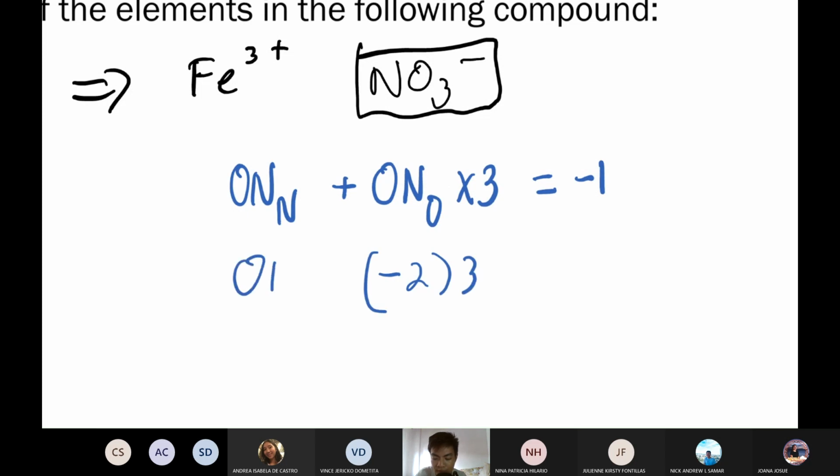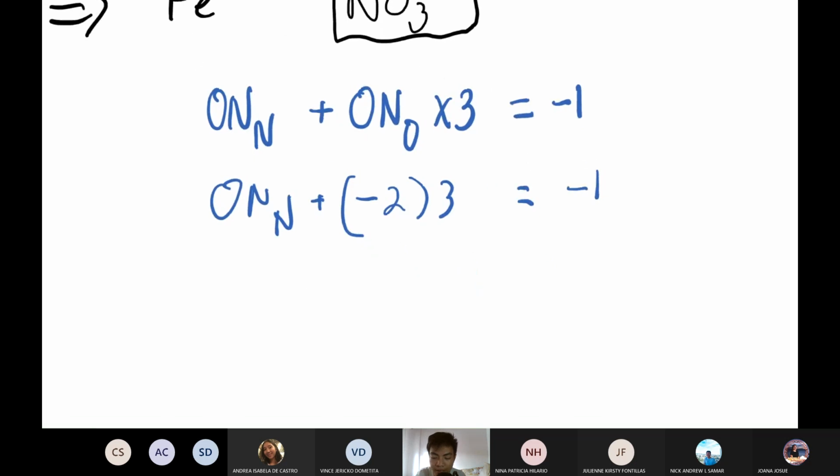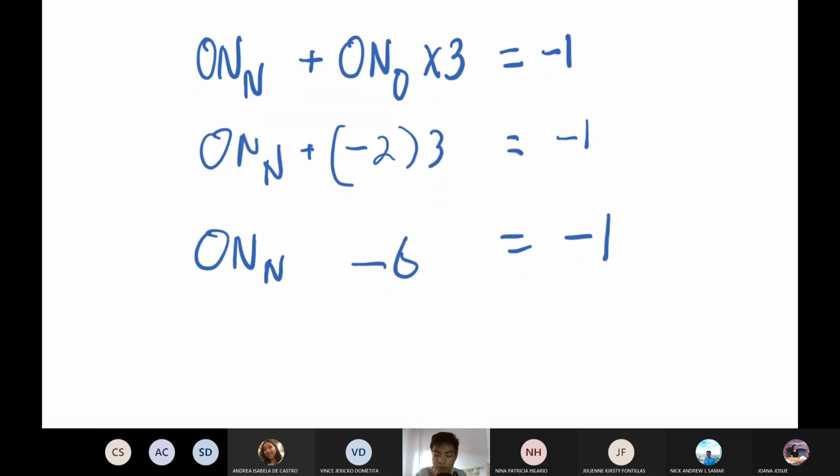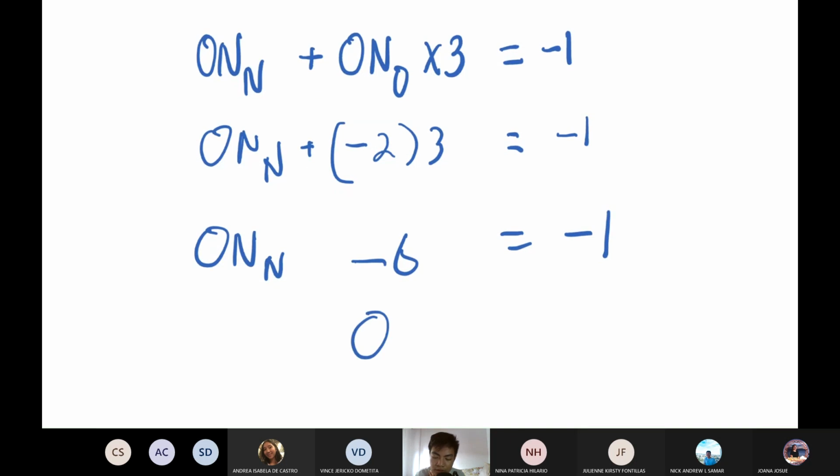So, we can now solve for the oxidation number of nitrogen. This is just algebra. Oxidation number of nitrogen, plus 2 times 3, negative 6, equals negative 1. Transposing to the other side, the oxidation number of nitrogen is negative 1 plus 6, or 5.